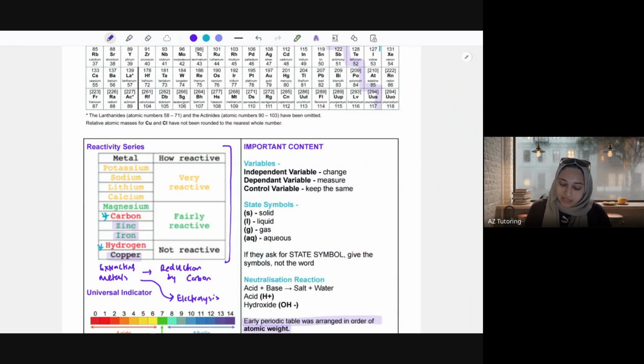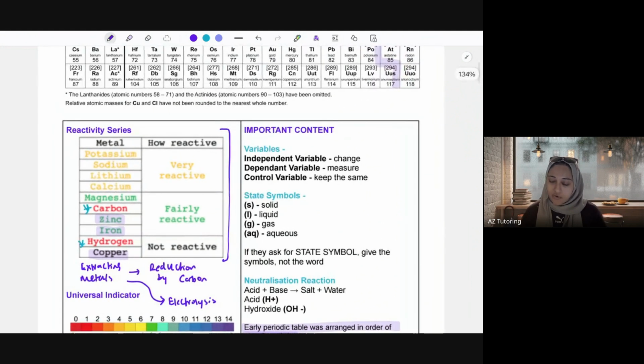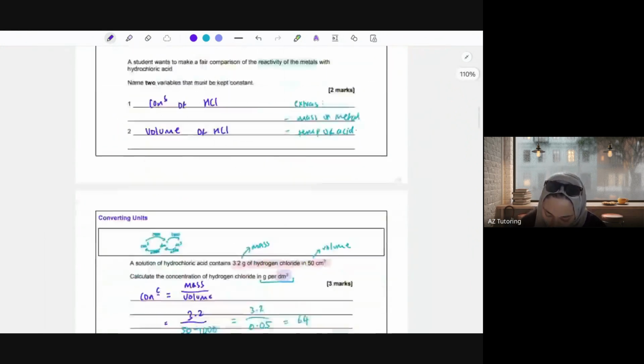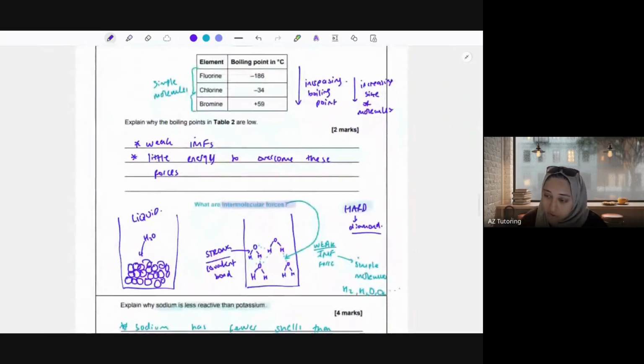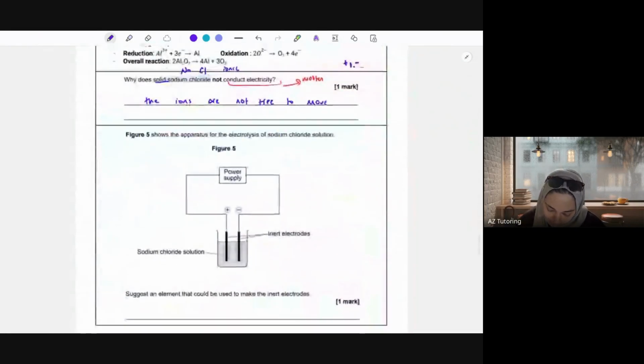If something contained sodium but was reacted with something with potassium, because potassium is more reactive than sodium, the potassium is going to displace the sodium. So that's how displacement reactions work in terms of reactivity. Now remember, the more reactive a metal is, the more readily it can lose that outer electron.